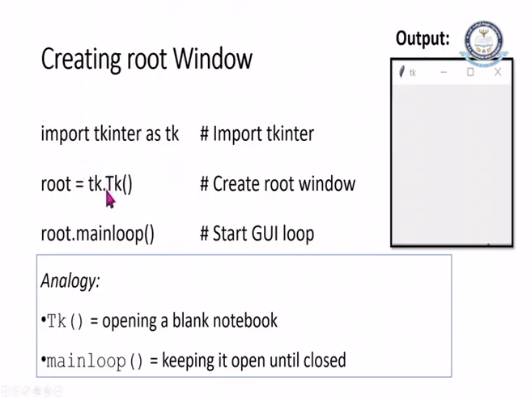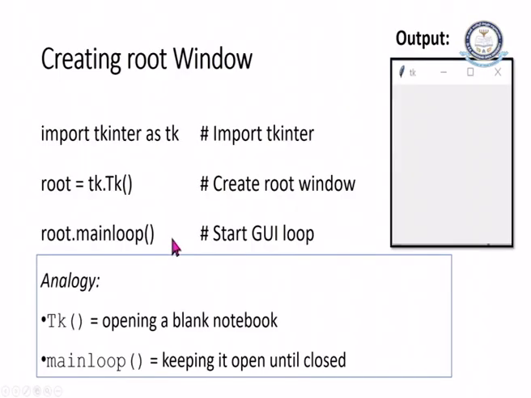Here we are creating the object for the class Tk, which is available in the Tkinter library. That is why we use the Tkinter name, but here we are using the alias name. So instead of Tkinter, you can simply write Tk. By executing Tk dot Tk, a root window will be created internally.